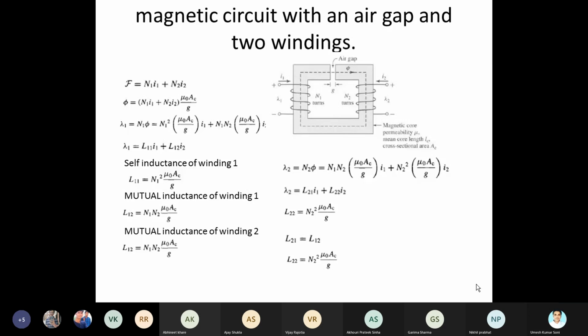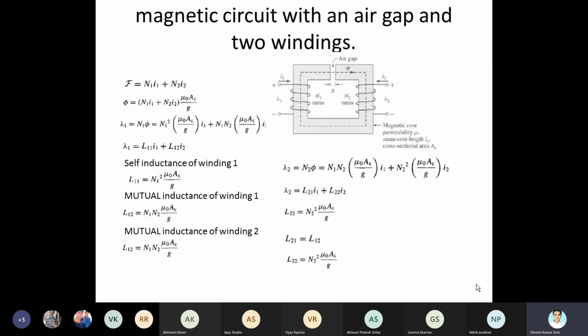So the total flux set up by both the coils will be equal to the total MMF divided by the total reluctance of this magnetic material.